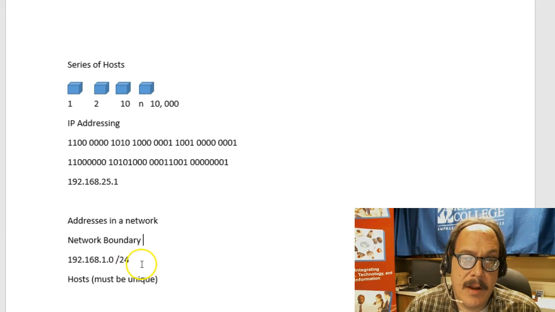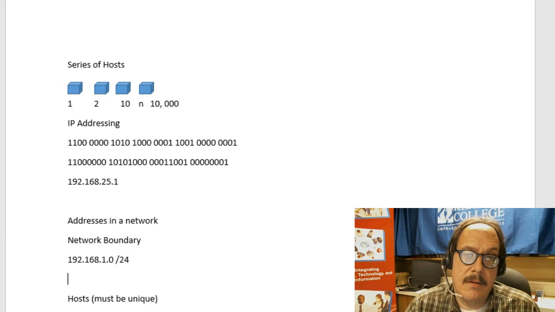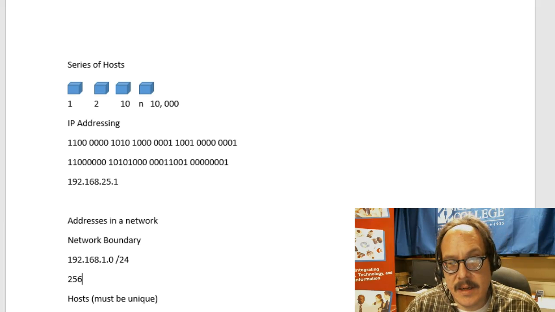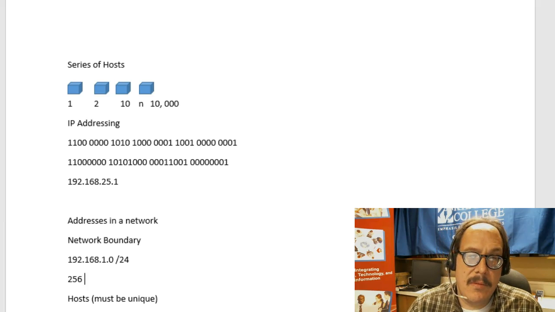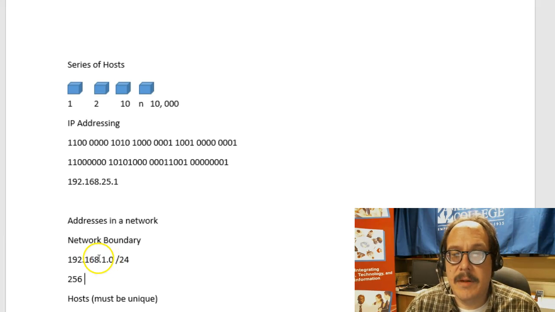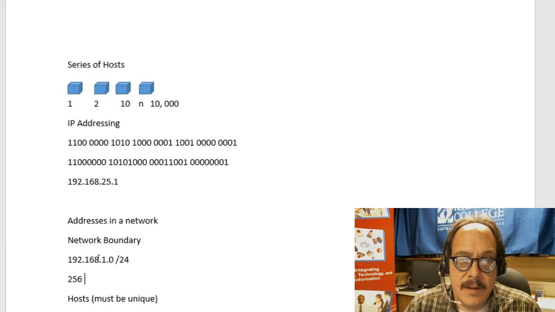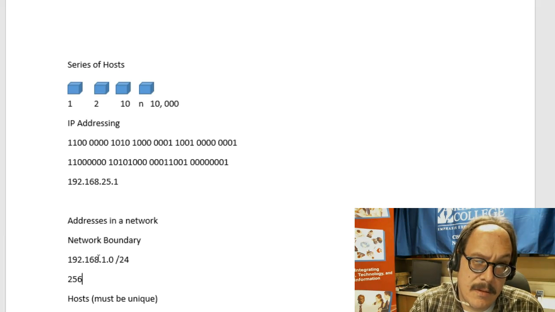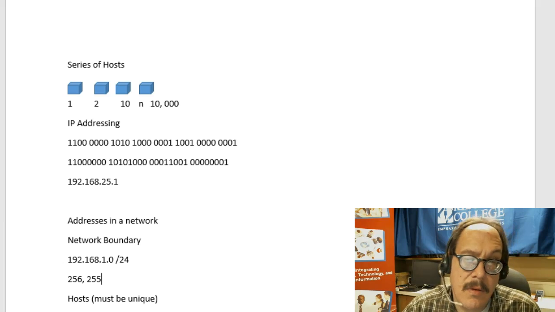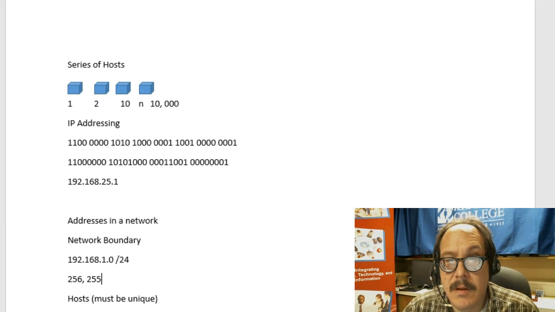In this particular network that I've defined, there can be 256 possible IP addresses, one of which, the 0, is the network boundary. So that means that there can only be 255 addresses here. One of those is the broadcast address.